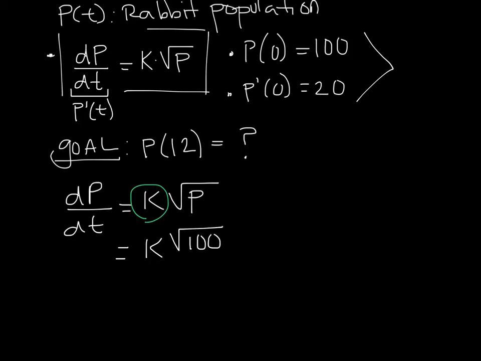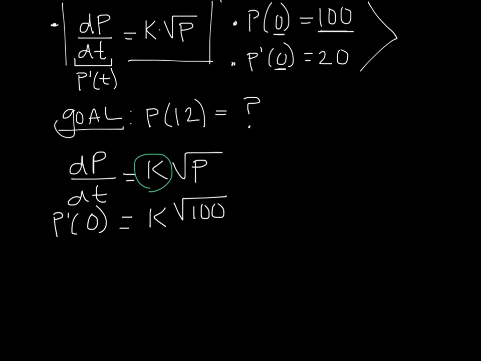And for dP/dt, our time starts at 0, so we're interested in P prime of 0. What is P prime of 0? That's 20, so we have 20 equals k times 10. The square root of 100 is 10, and if we solve for k, we get 2.